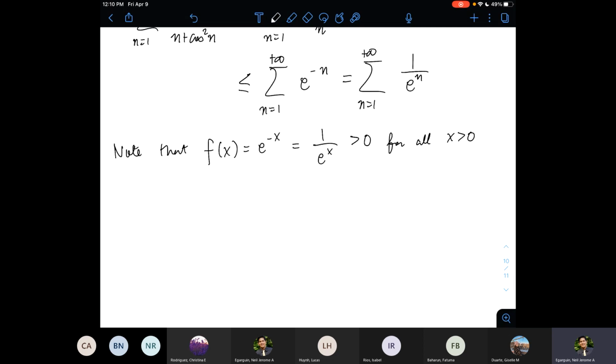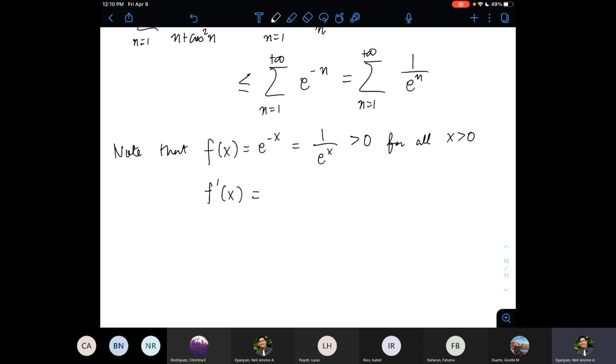The next thing to check is whether this function f is increasing or decreasing. We're hoping that it decreases so that we can move ahead with the integral test. One way to see this is to look at the derivative.